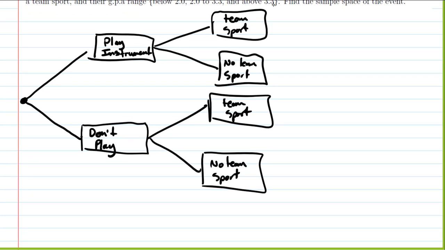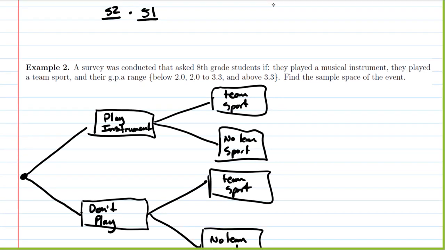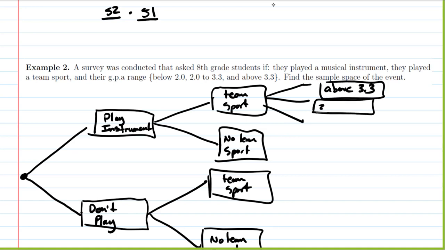And then finally, what was the last thing? We have GPA, and we're going to have 3 choices, right? So we're going to have above 3.3, 2.0 to 3.3, and then below 2.0.